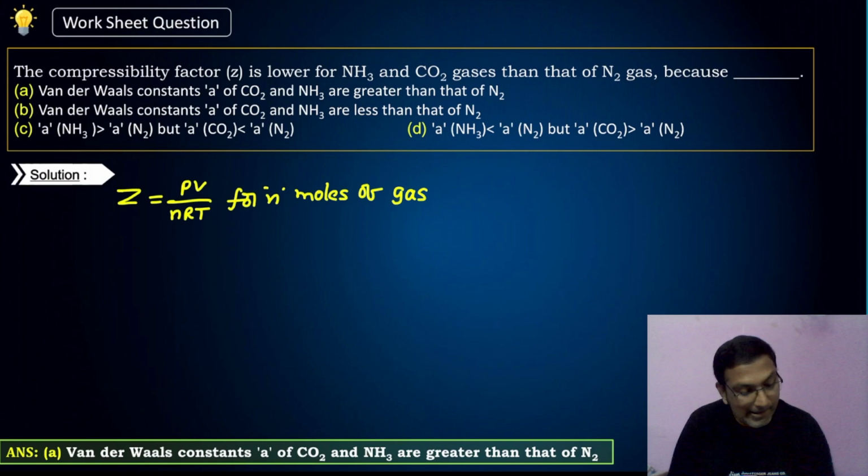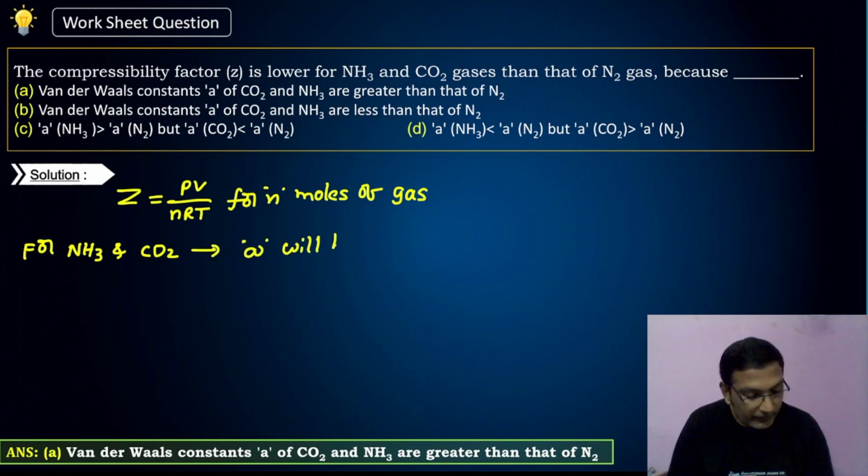Here for NH3 and CO2, A will be more. So attractive forces will be dominating in case of NH3 and CO2. So due to polar nature.